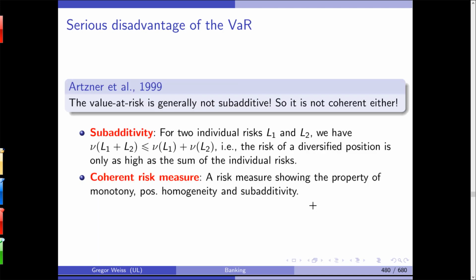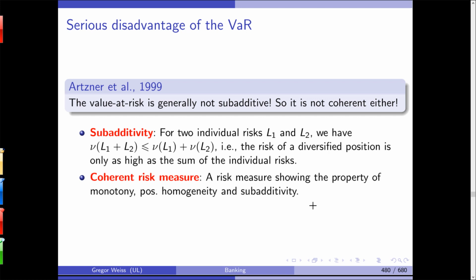That's valued risk. Problem is, financial mathematicians almost 25 years ago came up with some ideas what a risk measure should look like. And they made a list of properties risk measures should have. And one property is subadditivity.